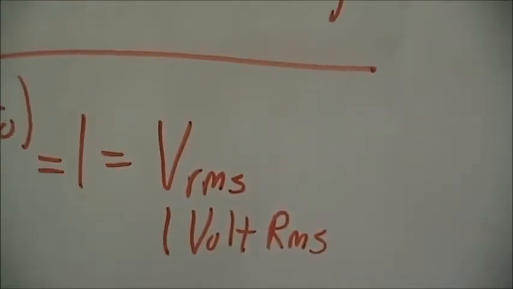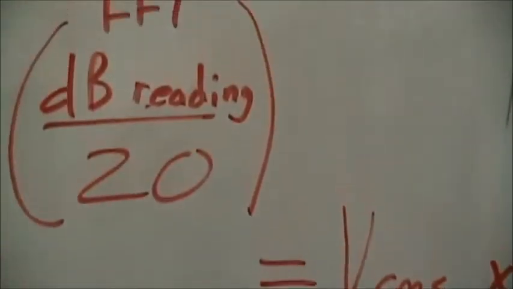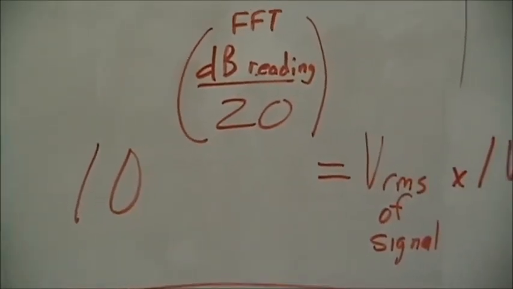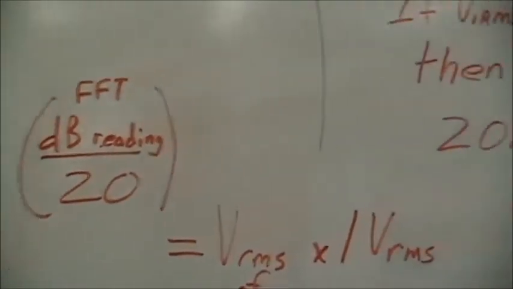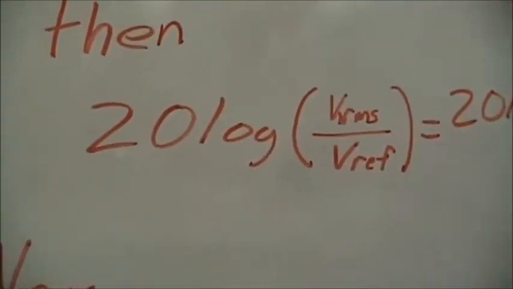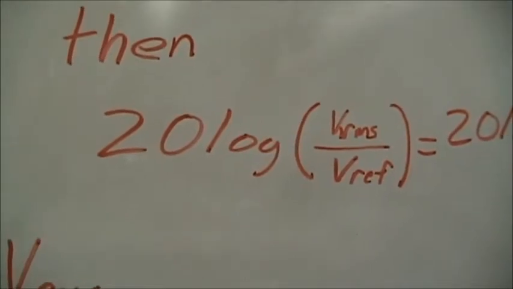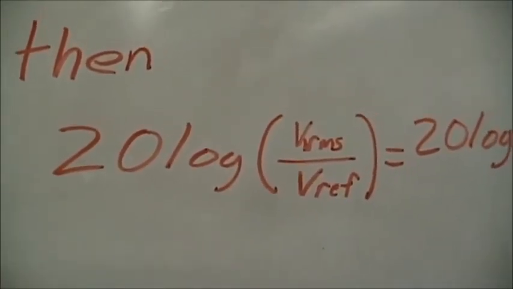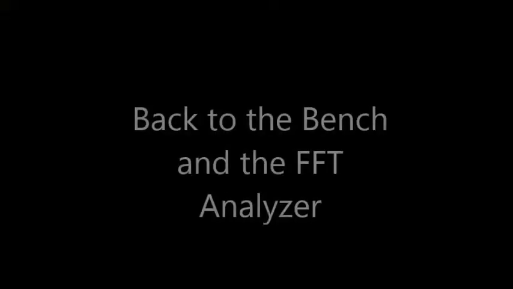So if you want to turn a dB reading into RMS, simply use this formula. If you want to turn a voltage into a dB reading, use this equation, 20 log VRMS over Vref. Now this only applies to our analyzer and its reference of 1 volt RMS.